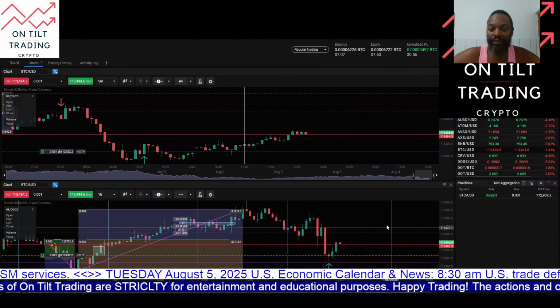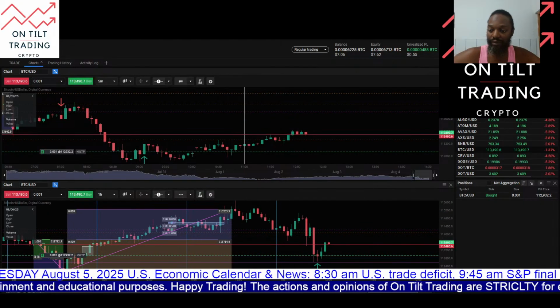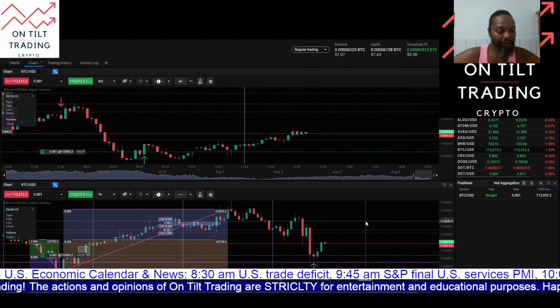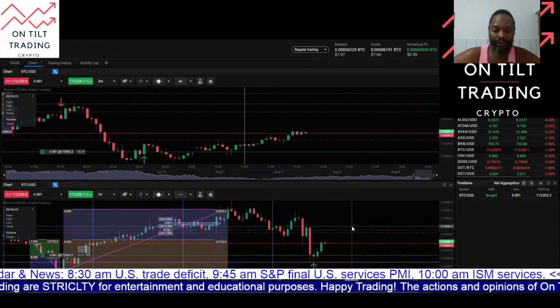Seeing some consolidation, currently price trading around the 113,500 level. But it'll be interesting to see how price action plays out here for the rest of the day.